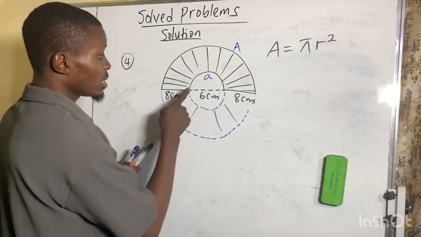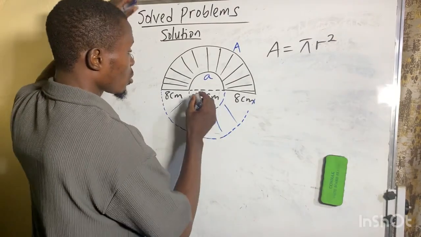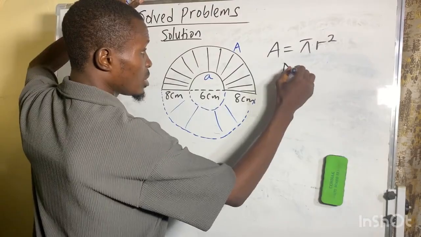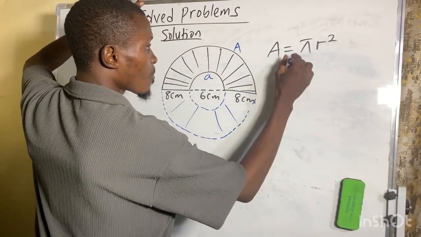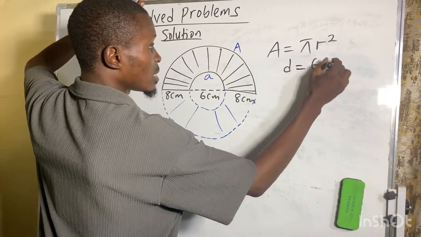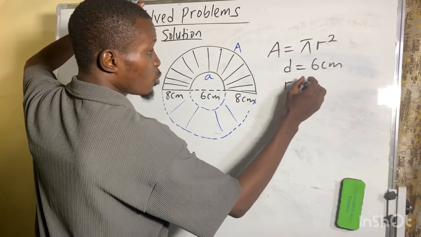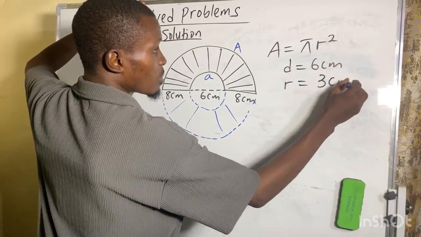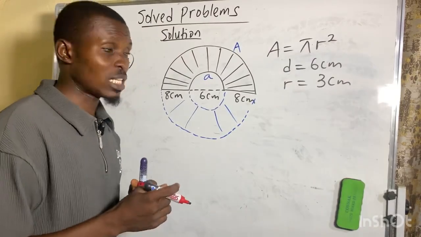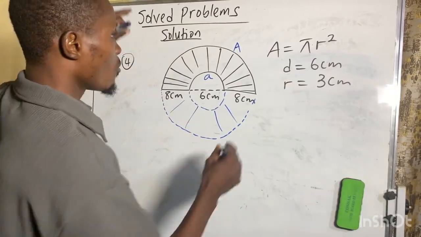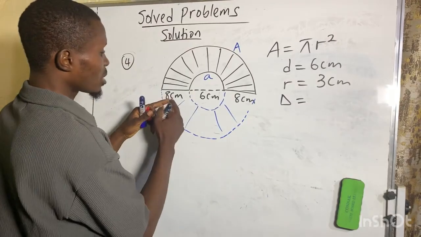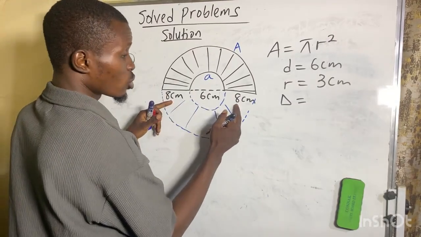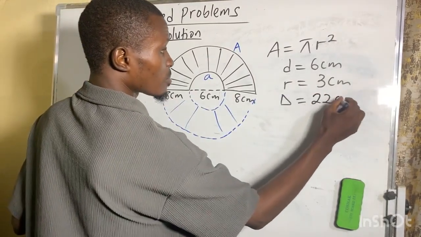So for this smaller circle, the diameter, small letter d, is given by what? 6 centimeter. So r will be what now? 3 centimeter, because r is diameter divided by 2. For the bigger circle, the diameter, capital letter D, is given by 8 plus 6 plus 8, which is what? 22 centimeter.